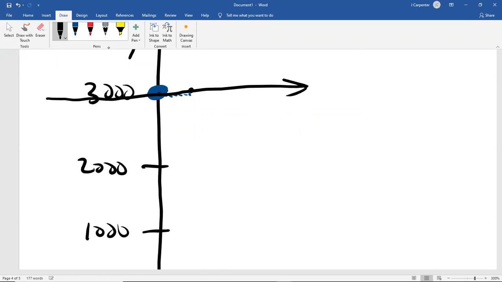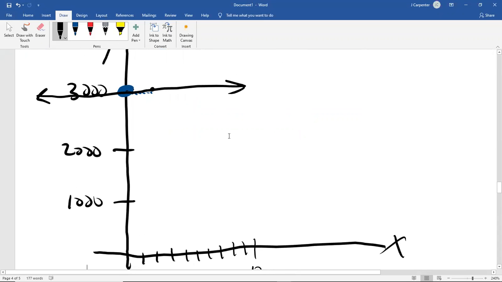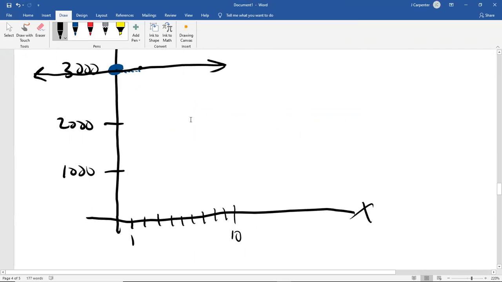It's practically a flat line. And that's because making one more unit at a time does not really bump up the cost for the month that much. Making one unit is now $3,000.50. Making 2 units is now $3,001. Every 2 units we make is going to bump it up another dollar.